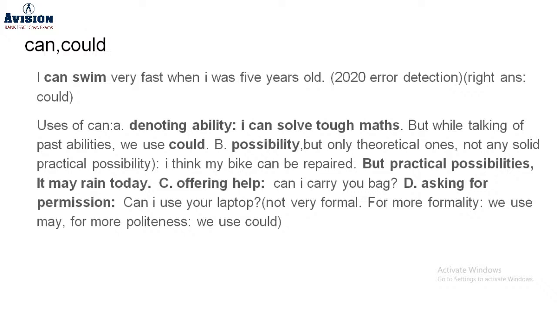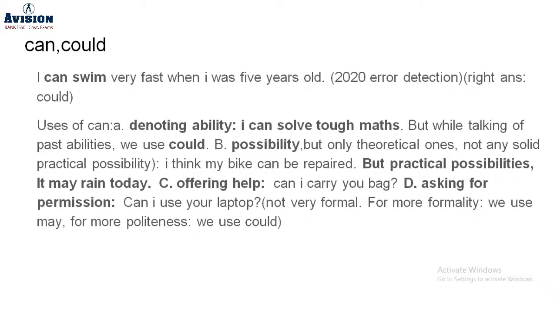But there is an exception. As you can see in the question, this question is about some past ability. The speaker is talking of a situation when the subject was 5 years old, so it is about past time.